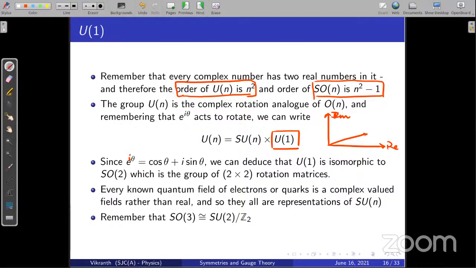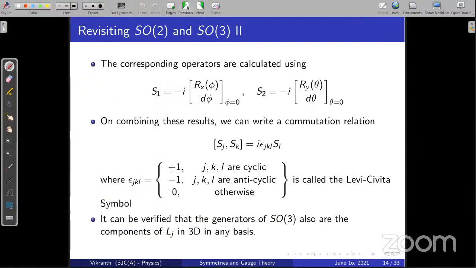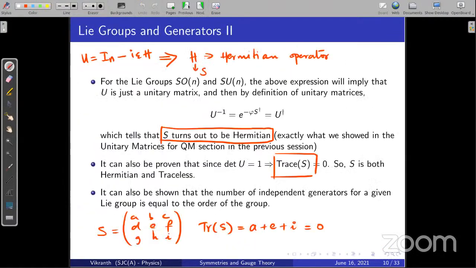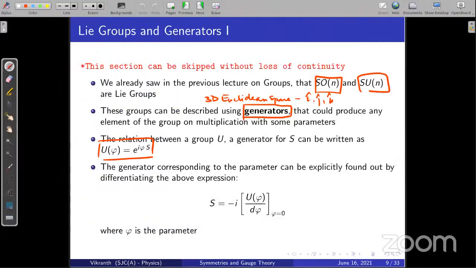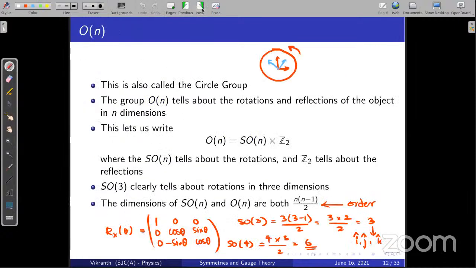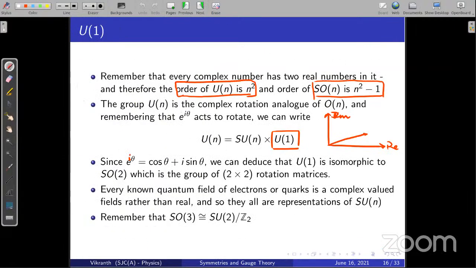The unitary matrix we saw back here, we could represent with a generator relation like so, e to the i phi, where phi is a parameter. Similarly, in your unitary space, there's always a factor of e to the i theta that acts on the elements of the unitary group.